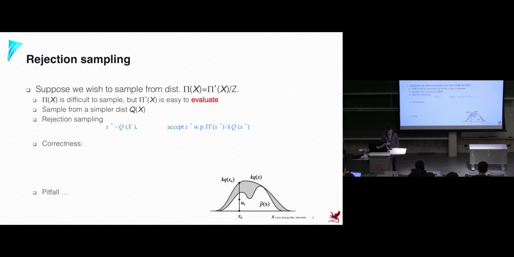Suppose we want to sample from this distribution pi. There are a number of difficulties we just mentioned. The first difficulty is that pi itself may be too difficult to sample from. In fact, how many distributions do you actually know how to sample from?